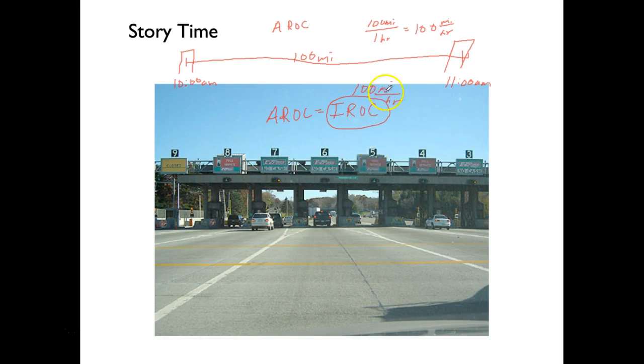Doesn't mean I was always traveling at 100 miles per hour, but somewhere in between here, I was. Therefore, they can send me a ticket and tell me I was speeding. They don't know when I was speeding, but they know I was speeding somewhere in between these toll roads. So that's when the average rate of change is equal to the instantaneous. Okay, that's it.